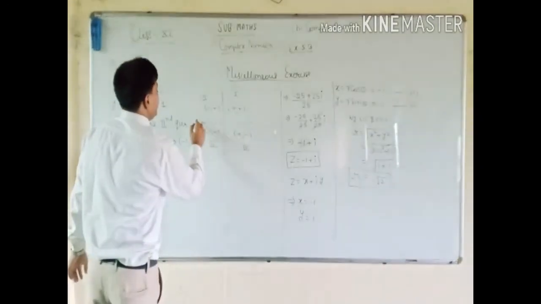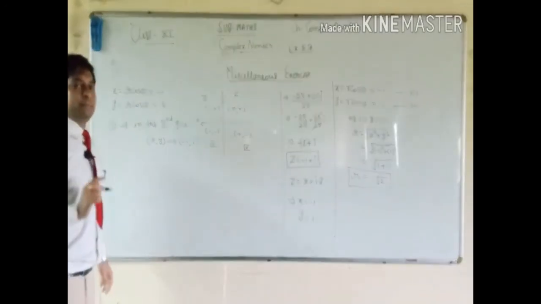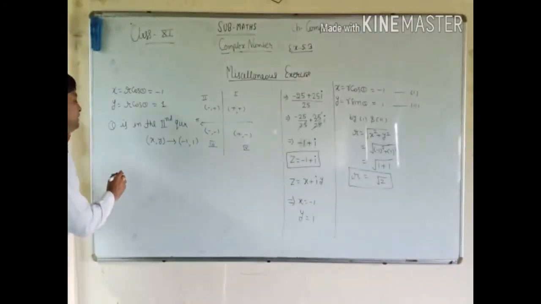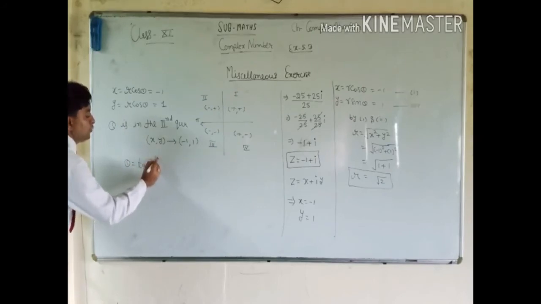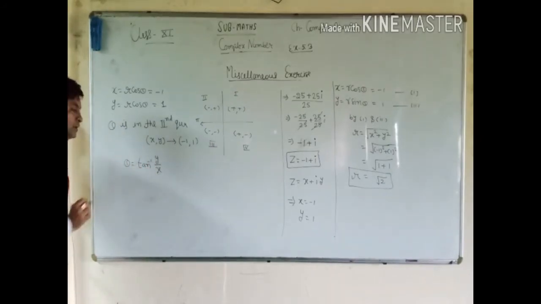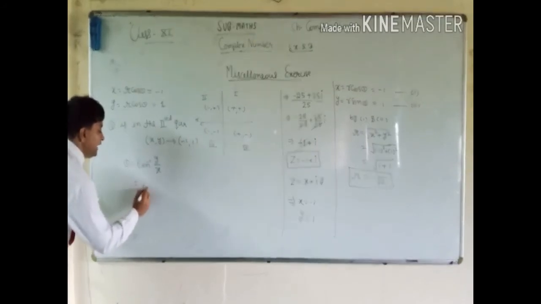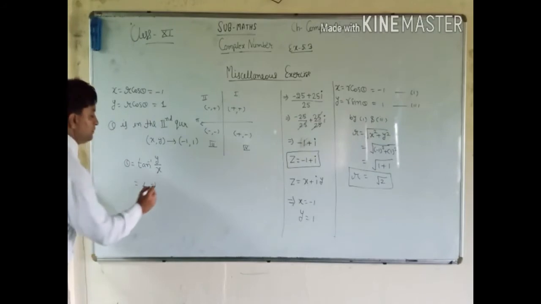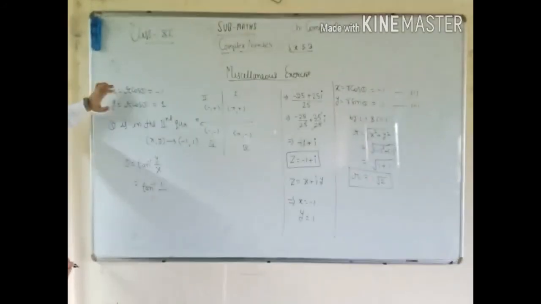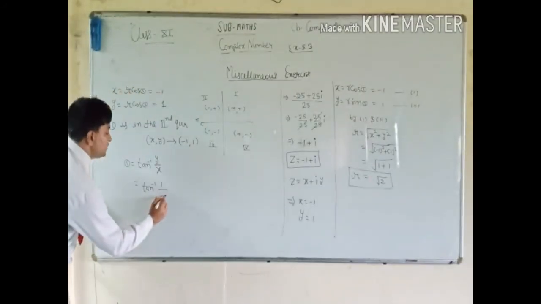For the second quadrant we subtract from pi. So we know that theta equal to tan inverse y upon x. So tan inverse: value of y is equal to 1 and value of x is equal to −1.